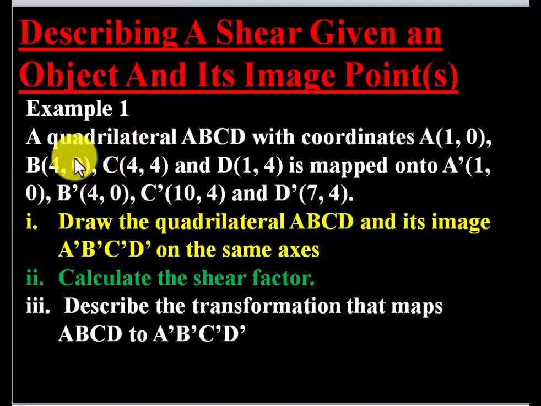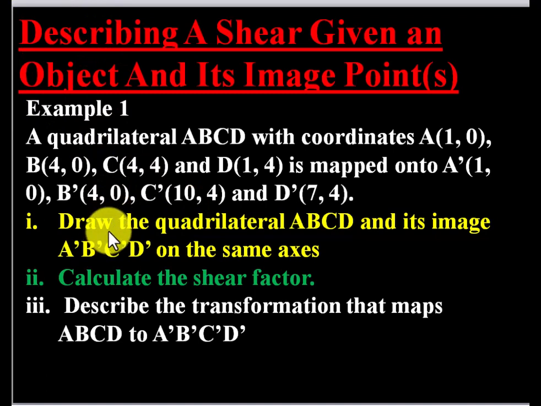So example 1, a quadrilateral ABCD with coordinates A(1,0), B(4,0), C(4,4) and D(1,4) is mapped onto A'(1,0), B'(4,0), C'(10,4) and D'(7,4).